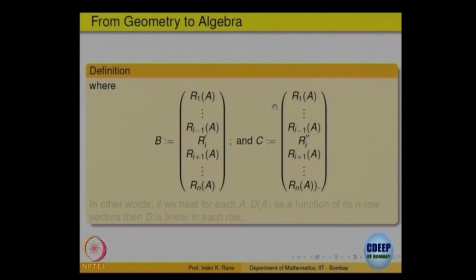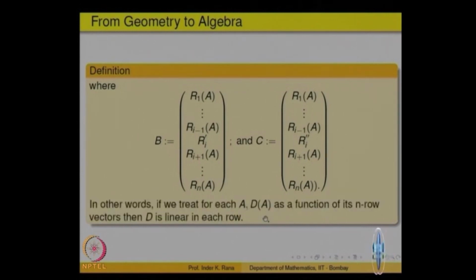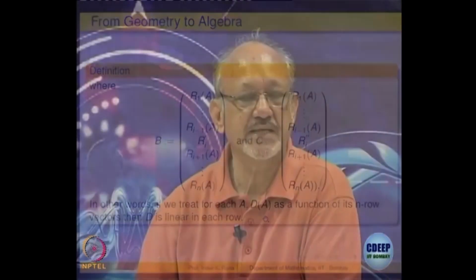That is the only difference; everything else is the same as the rows of A. So, this function is linear in each of the row vectors, because the determinant of A depends on the rows R1, R2, ..., Rn. If at some place it is a linear combination, then this is reflected on the right hand side as a linear combination of the corresponding matrices.